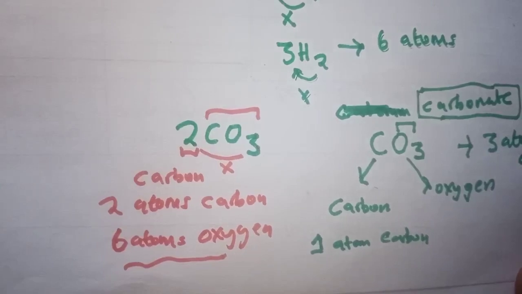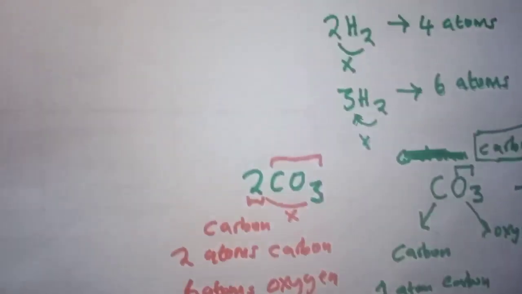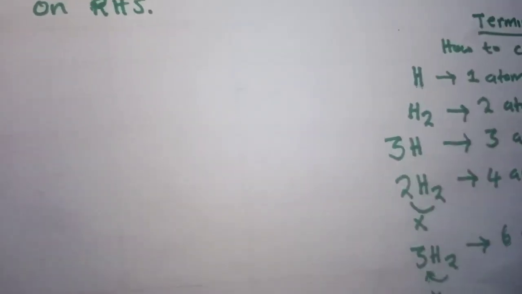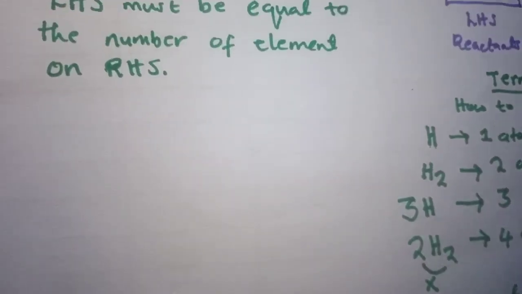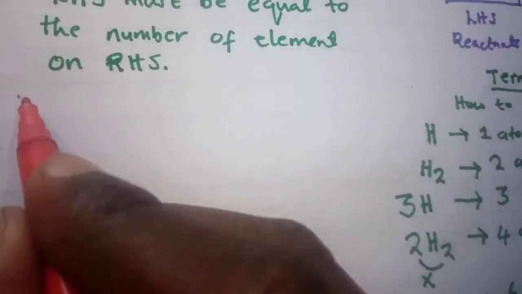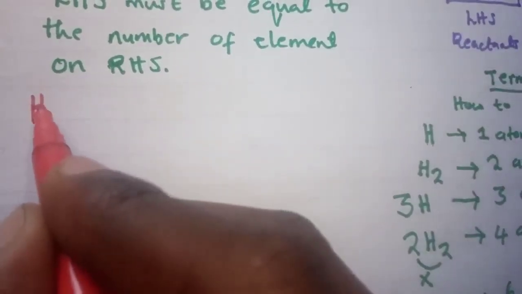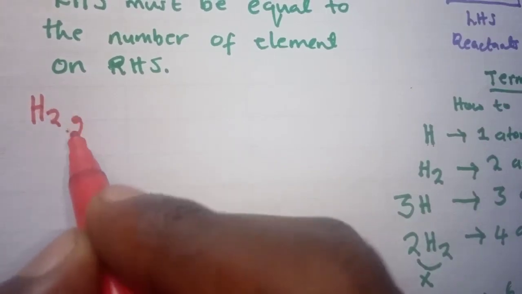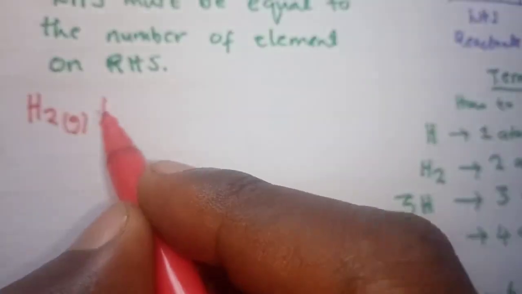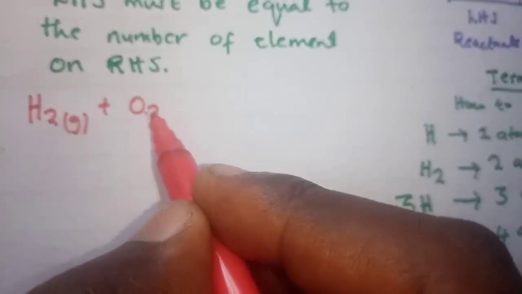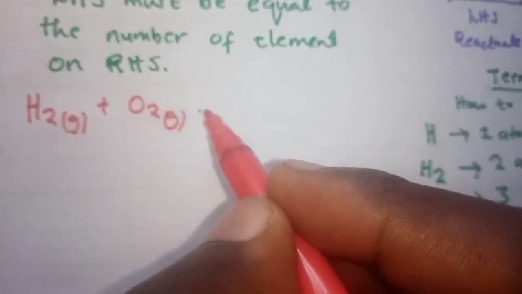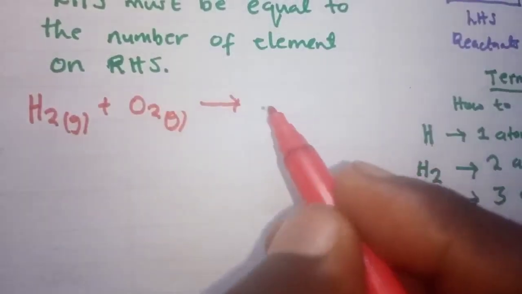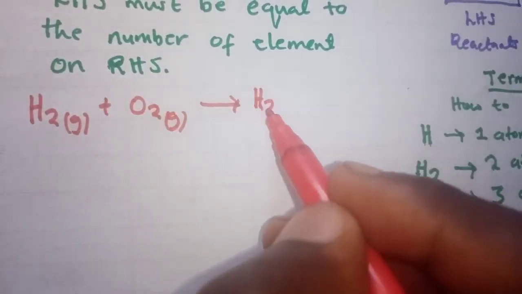So let's go back to balancing chemical equations. We have this equation here. Hydrogen gas is written with a 2, and oxygen gas also has the 2. These will react to form water, which is H2O.